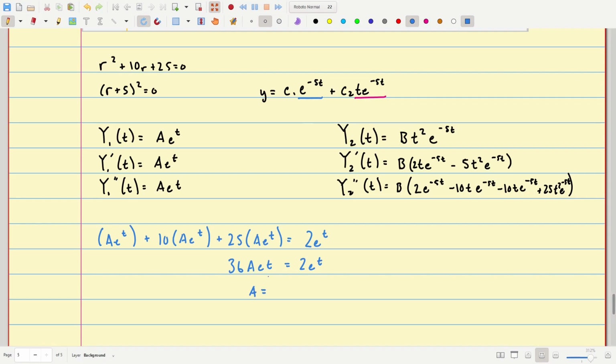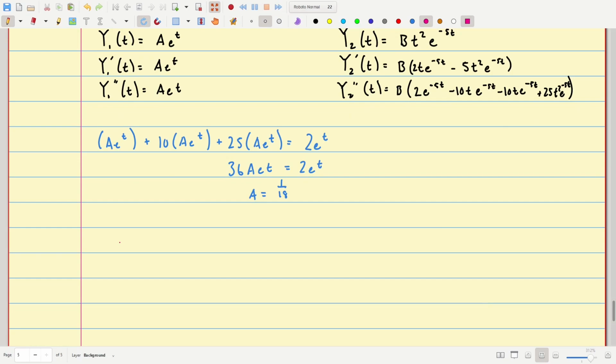So a is going to be 1/18. On the other side, we have this somewhat complicated expression, but it simplifies a little bit. So that's going to be the second component of our particular solution.